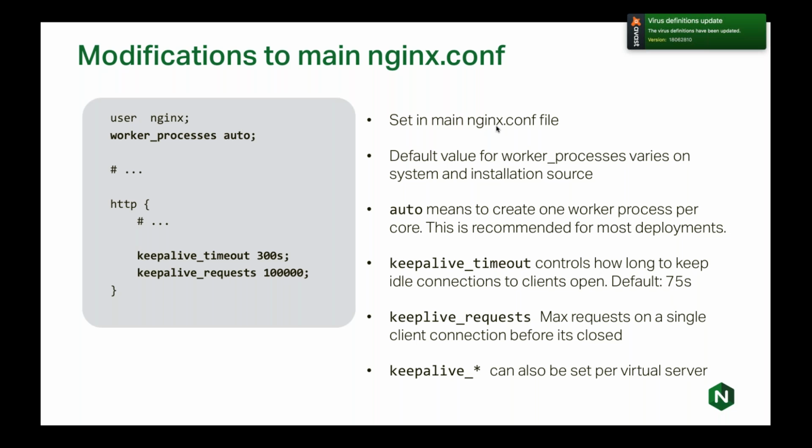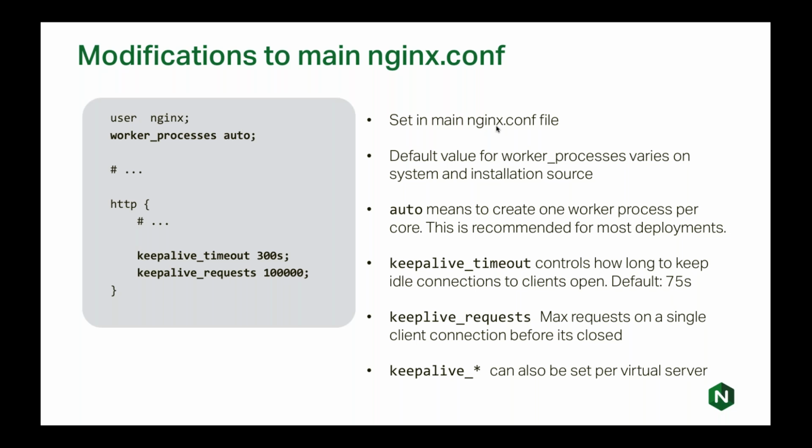Next thing we have configured here is some stuff around Keepalive. So by default, nginx will time out all idle Keepalive connections after 75 seconds. If you want to keep Keepalive connections open longer, if you have bursty clients or you have a client that's going to be idle for longer than 75 seconds and you know that, you can increase that timer here. And Keepalive requests also, after a certain amount of requests.